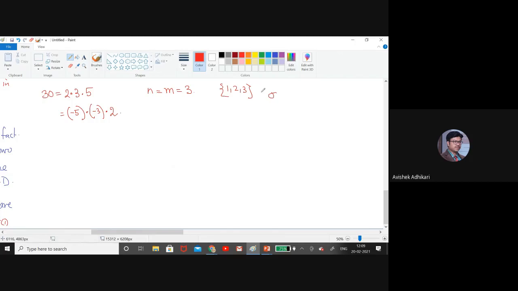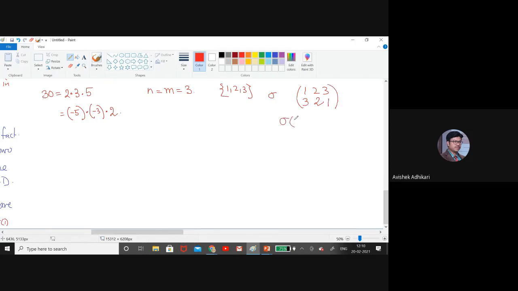Now there are a total of 6 such permutations. Suppose I assume that my permutation is like this: 1 goes to 3, 2 goes to 2, and 3 goes to 1.